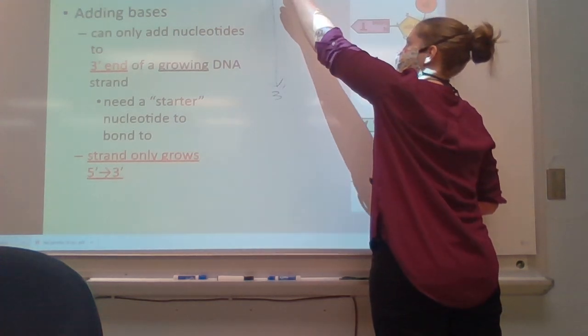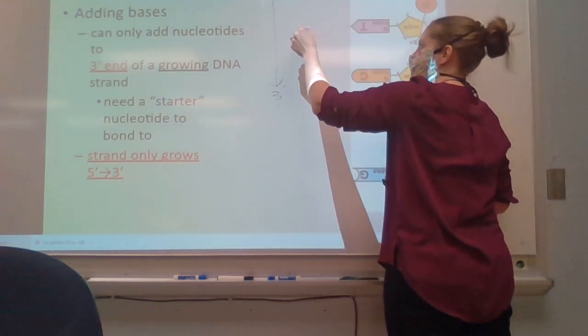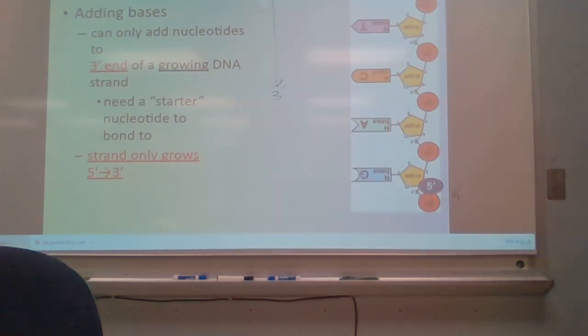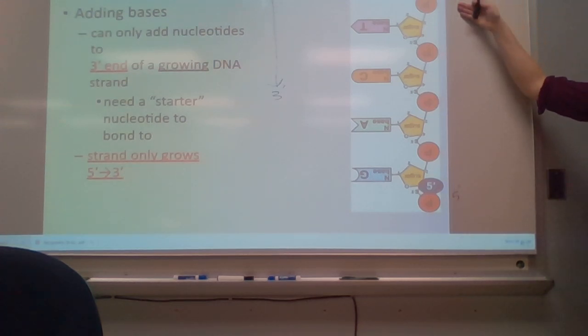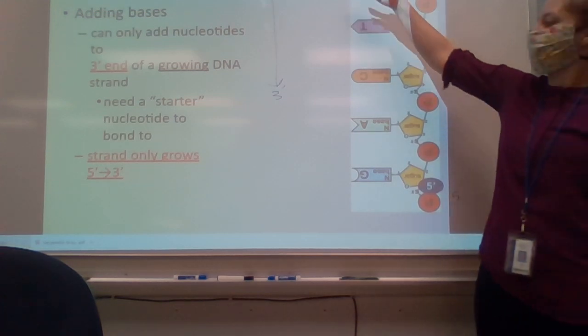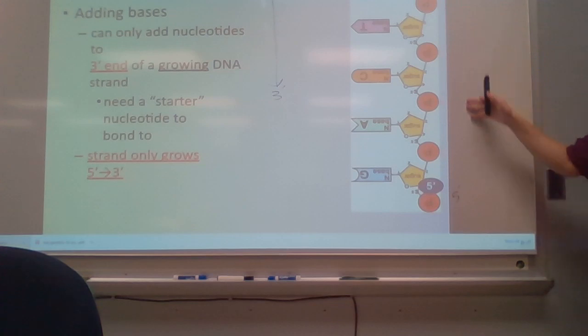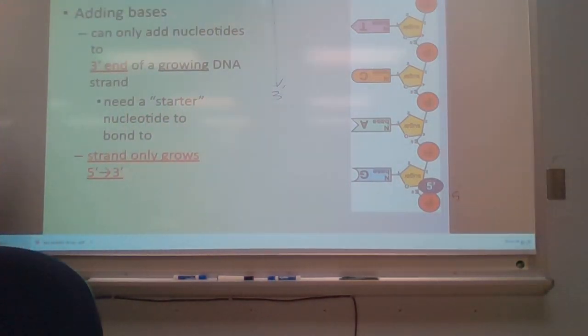That's what we mean. It's only growing from the 5' to the 3' direction. We can only add those phosphates to the 3' end. The opposite way to say that is that we're reading it from the 3' to 5'. So we're building from 5' to 3', and we're reading from 3' to 5'. So we have that antiparallel arrangement going on there.